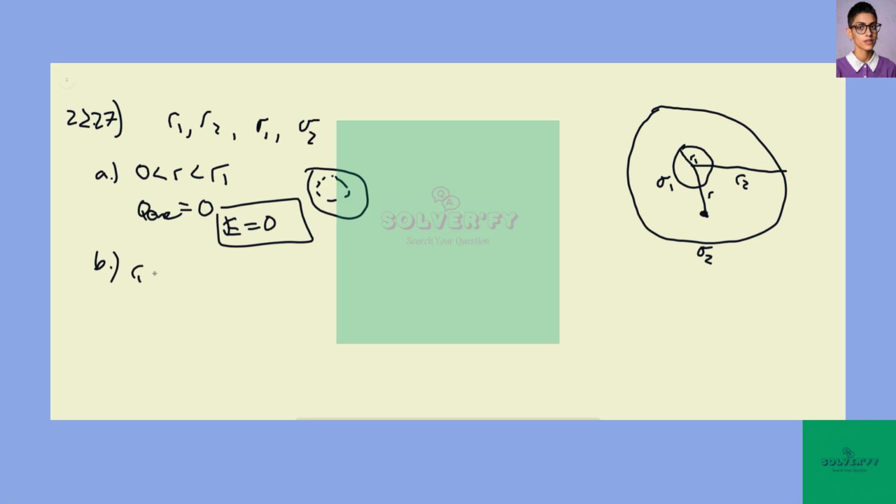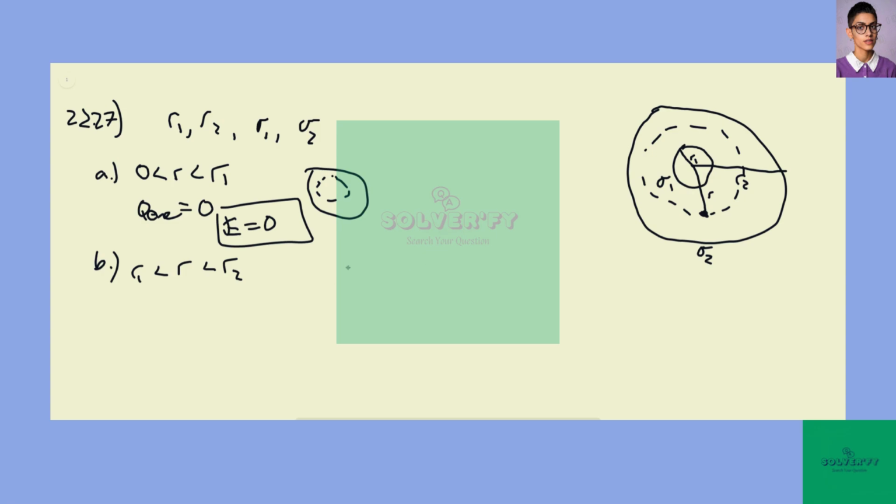Now for part B, we're going to do the case where R is greater than R1, but less than R2. If we draw a Gaussian surface out here, the charge enclosed is going to be all the charge on the first surface.